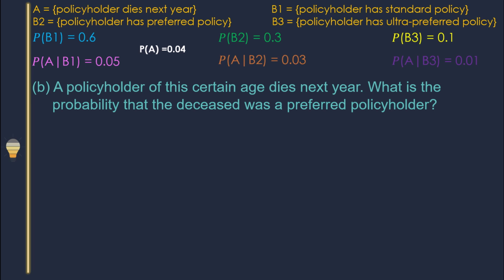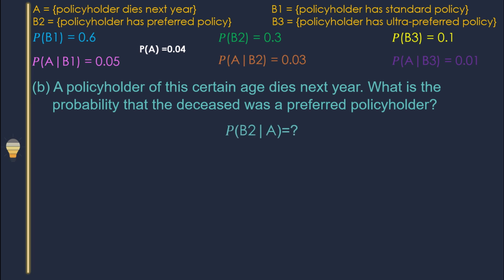They are asking for the probability of B2, but there is a condition. What is the condition? It says a policyholder of this certain age dies next year. So they are talking about this group, policyholders who die next year. Therefore, it becomes a conditional probability. That means the probability of B2 given A.